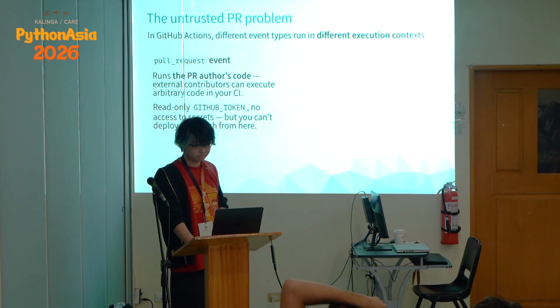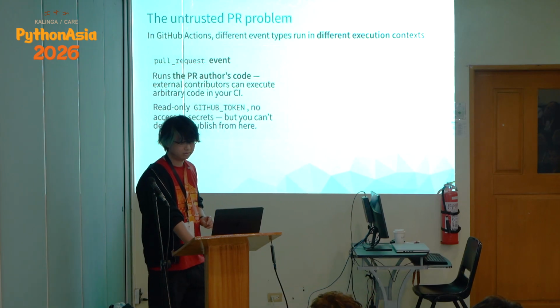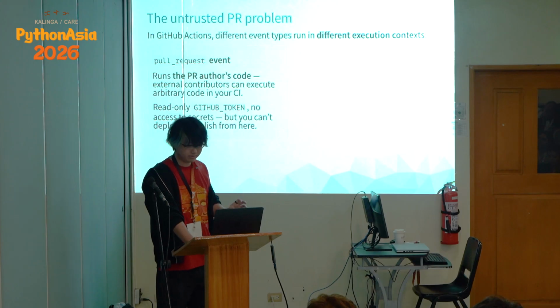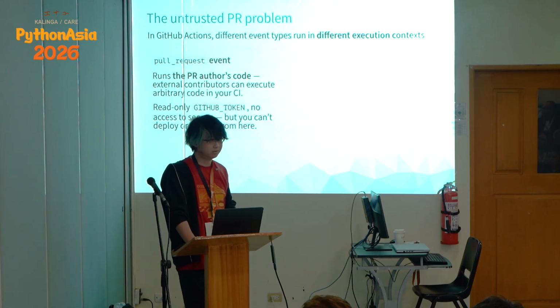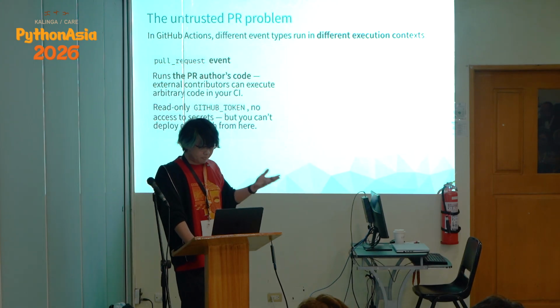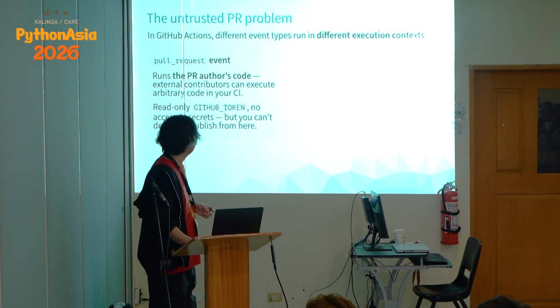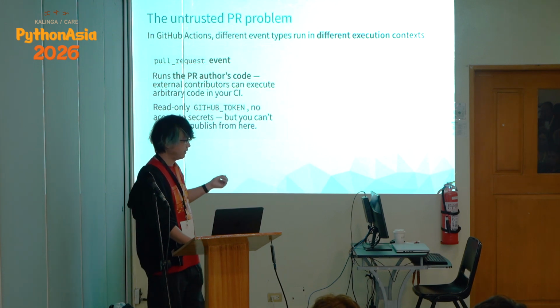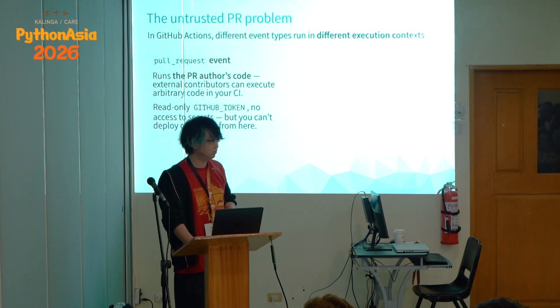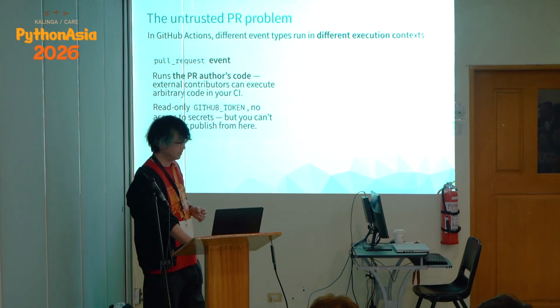But GitHub does protect you. It gives only a read-only token, with no access to secrets. So there is no capability for the CI run in this context to access any secret.